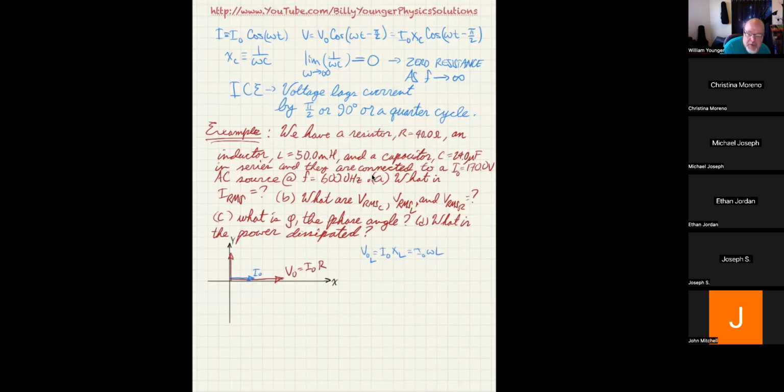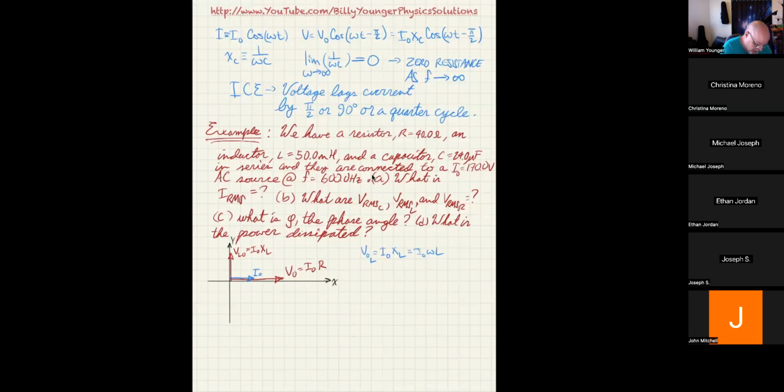And this one's going to be VL0, which equals I0 times XL. That's how we make sure that it's 90 degrees ahead of the current, and the capacitor, and the resistor, and the current for the AC power source, of course. So it's 90 degrees ahead.